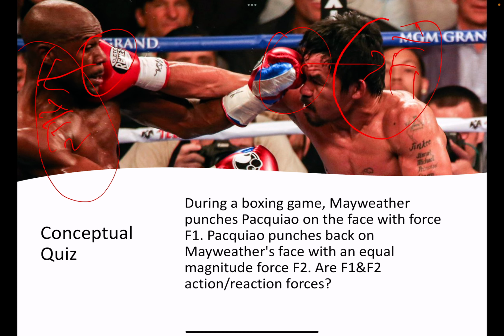The answer actually is no. So look at this force. That's the action force, and the reaction force has to be from the face to the fist. And the same applies to here. So there are actually two pairs of action-reaction force in this particular example.